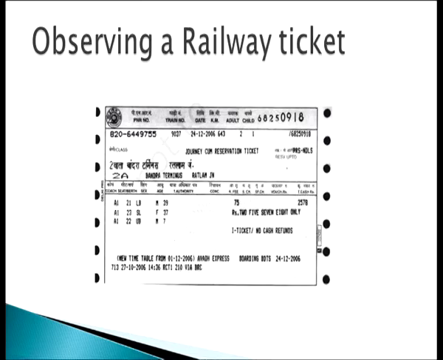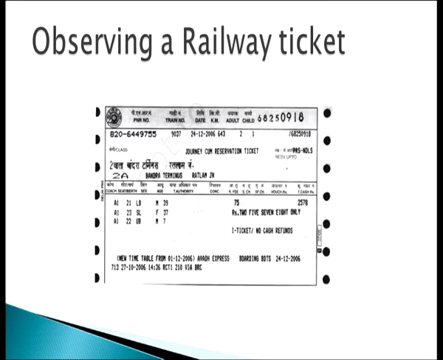When you observe that ticket carefully, with your support, class children will be able to identify where the train number is written and where the date of journey is written. With your help and facilitation, children will find out that the train number is 9037, and the date of journey is written on the ticket.